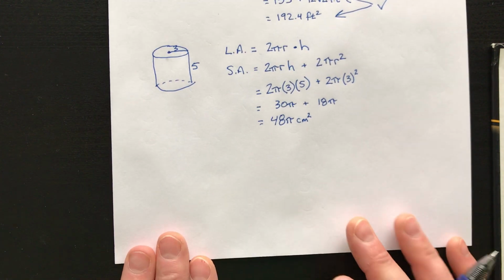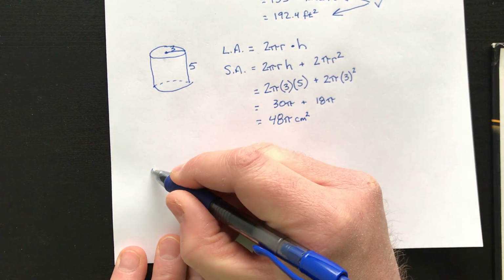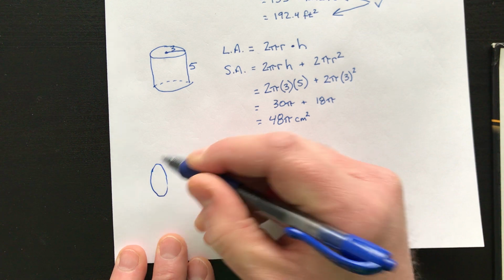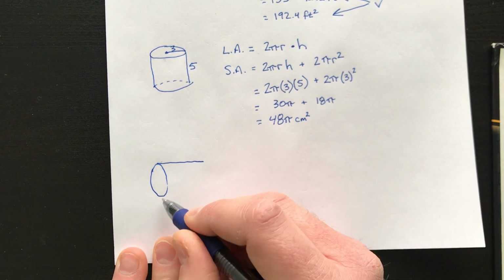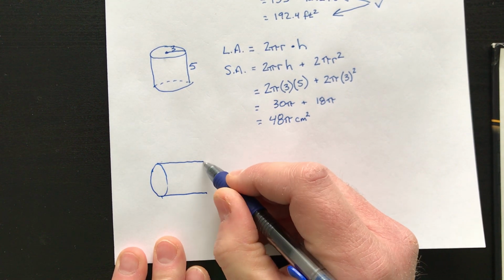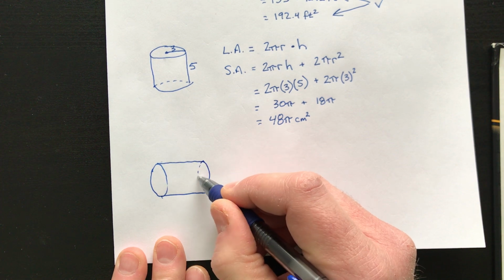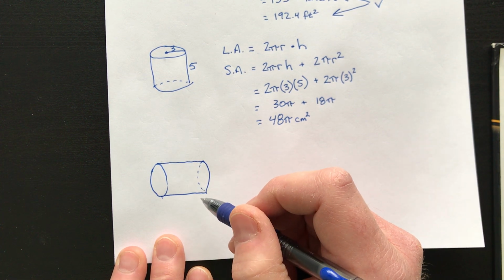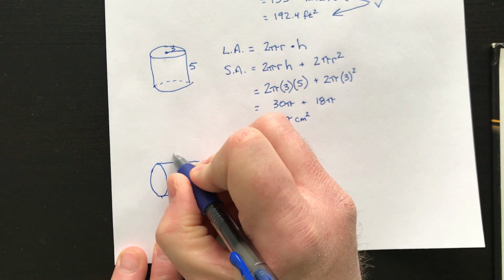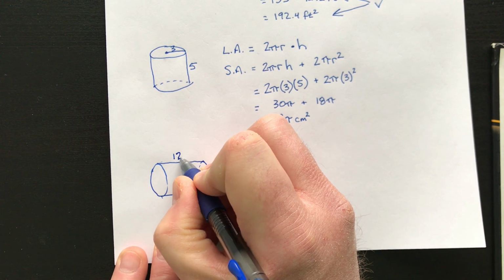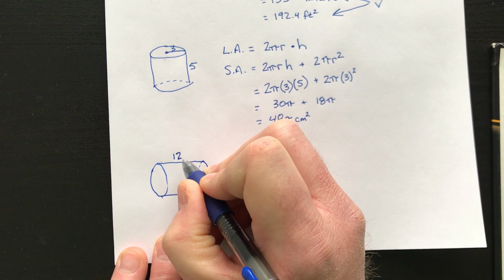Now, for the second cylinder, they're trying to trip you up. Oh boy, they pushed the Pringles can over. Who cares? All right? It's the same exact thing. They tell me, here is the height, 12 meters.